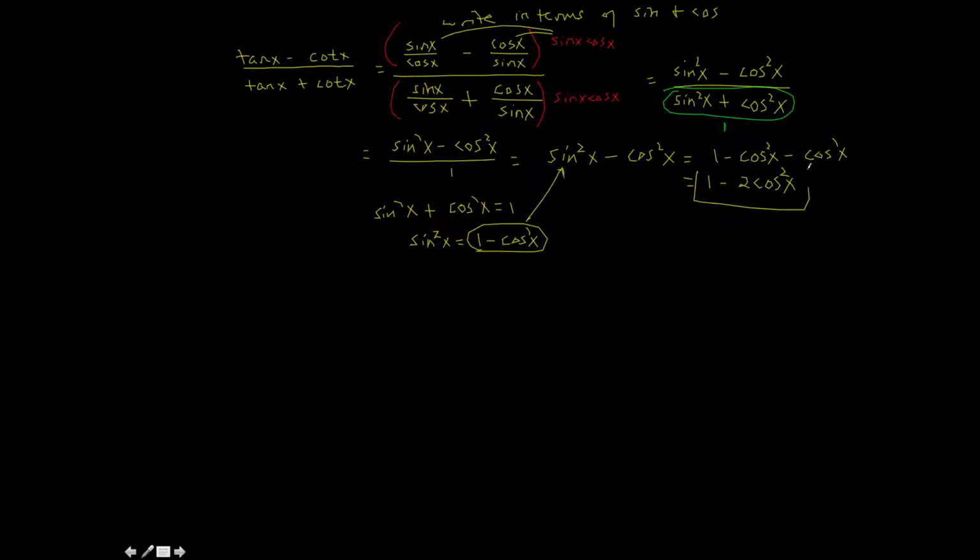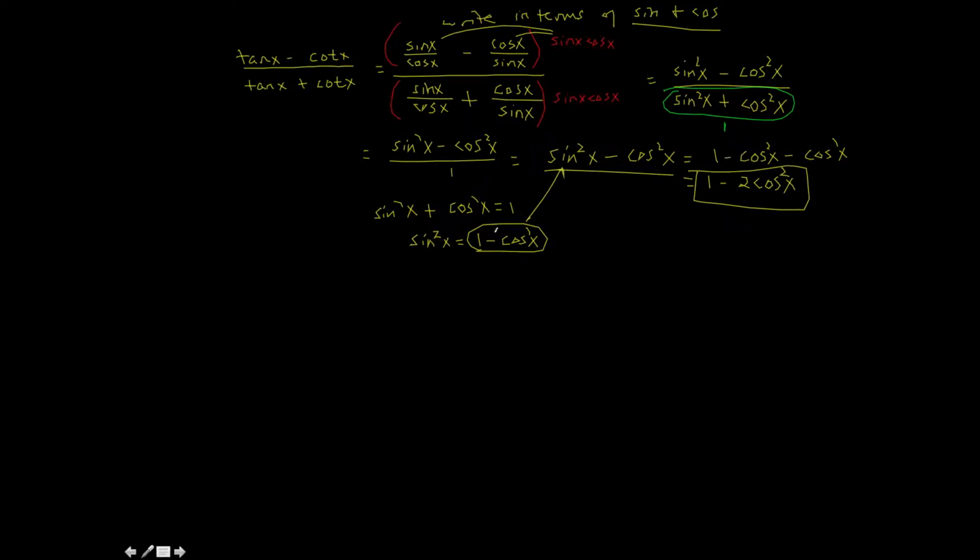Now, what you should be asking yourself is, Mr. Francis, how did you know? It says leave it in terms of sine and cosine. Why didn't you just leave it right here? And how did you know to substitute in for sine x?